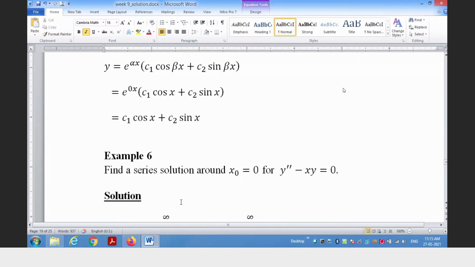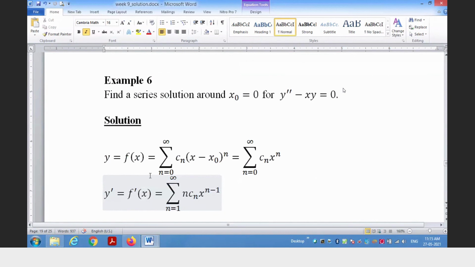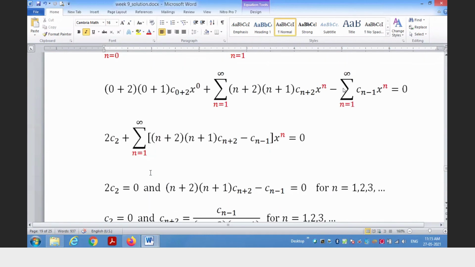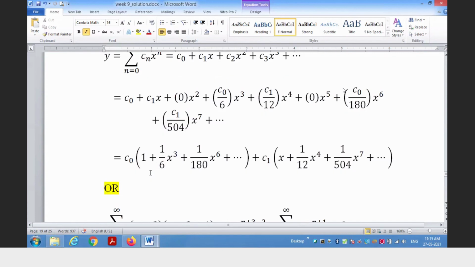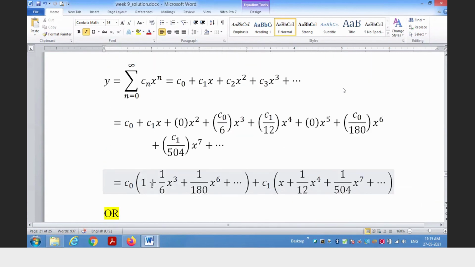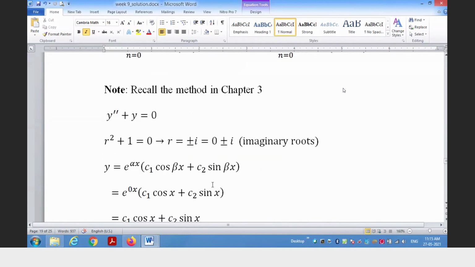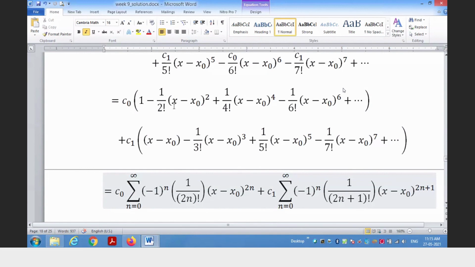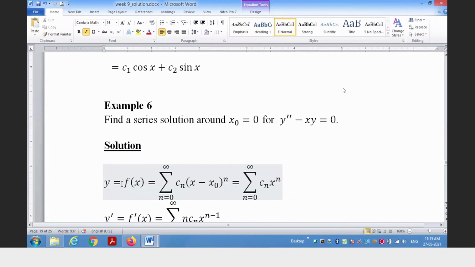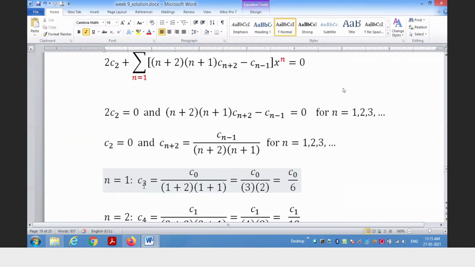I also ask you to do example 6 and 7. For example 6, we have this. We cannot come up with the general terms, so in that case, you just put dot dot dot. Like in example 5, we can write this series like this, but in example 6, we cannot come up with general terms, but that's okay.